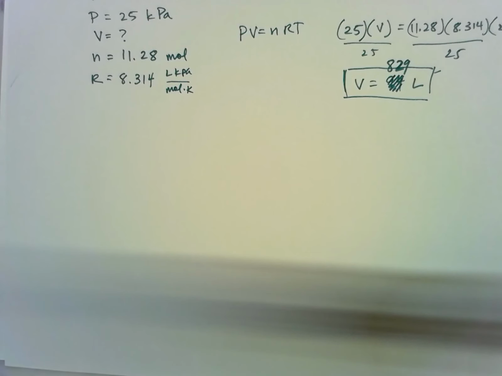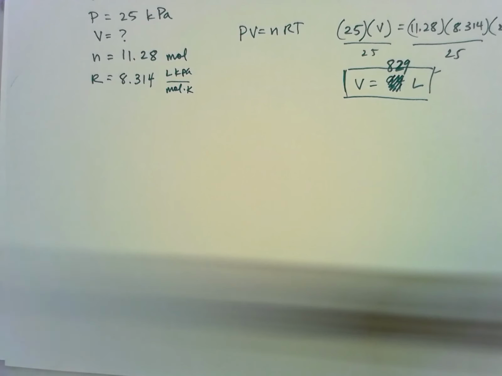All right, let's work on another one here. Let's just look at number 24. Okay, this is about partial pressures. Anytime we see mole percent, that means we're doing partial pressures.